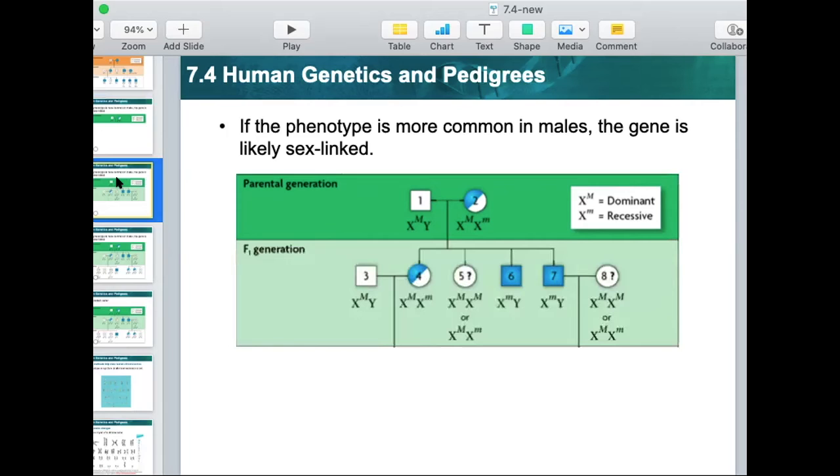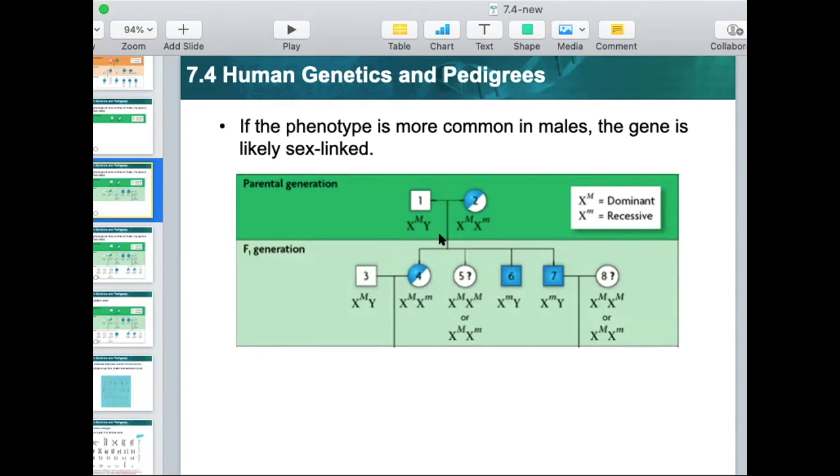So looking at the children, this couple has these 4 children right here. And what do we see? The dad can only give a capital M to the children. So each child will get a capital M from the dad. That's for the girls. Now, if they're males, they get a Y instead.